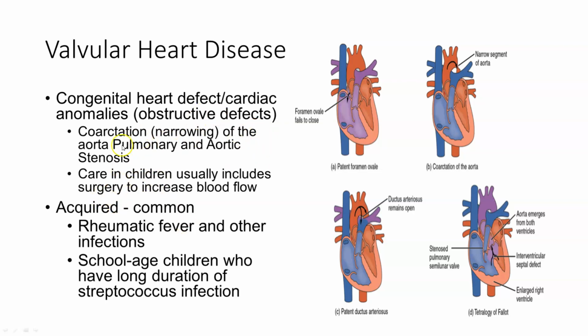But from our standpoint, probably the most common one is going to be acquired valvular heart disease, through untreated upper respiratory infections, history of rheumatic fevers. And let's be honest, we don't see a whole lot of rheumatic fevers anymore, or just client populations that don't have access to good health care.